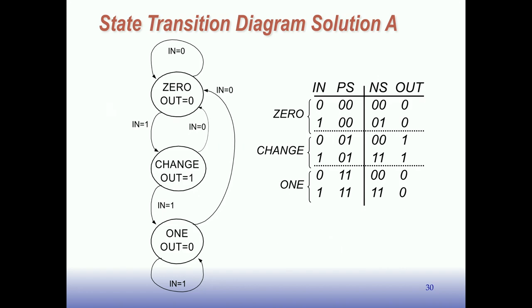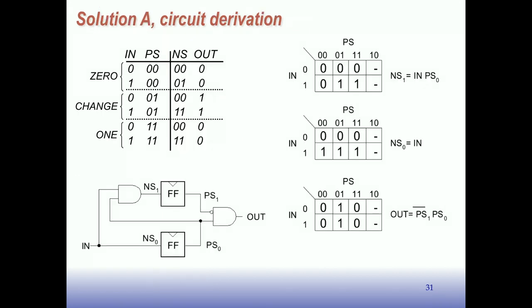It may not be optimal, may not lead to the optimal circuits, but if you do that, and then I use 3 Karnaugh maps here, and based on the functions, the Karnaugh maps are filled in from the state transition diagram there, and I can write down these 3 functions, and with that, I can implement the circuit.